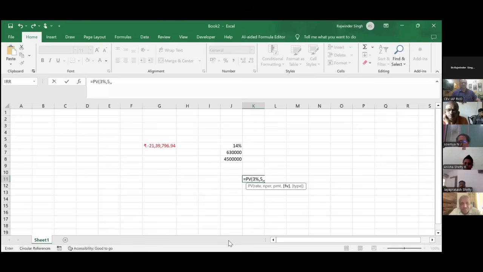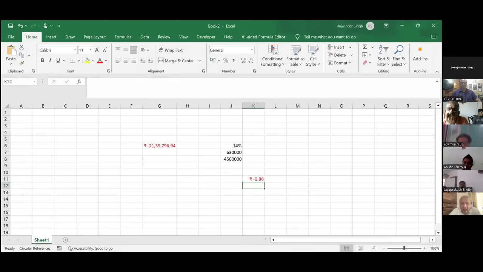If you calculate for rupees 1 also, that is 0.863. If you put 1 as future value, comma 0, bracket close, it is approximately 0.86.